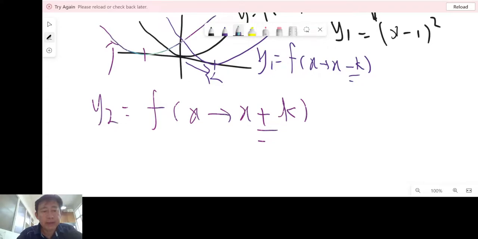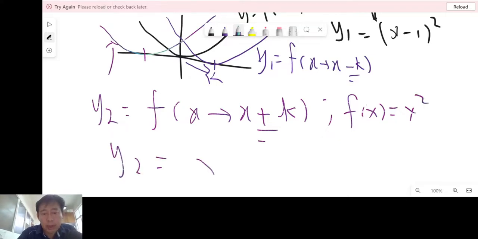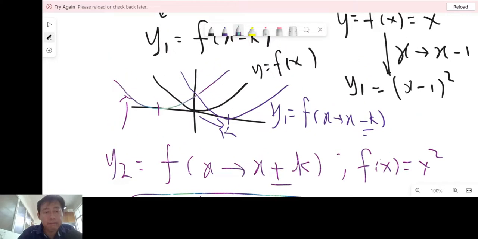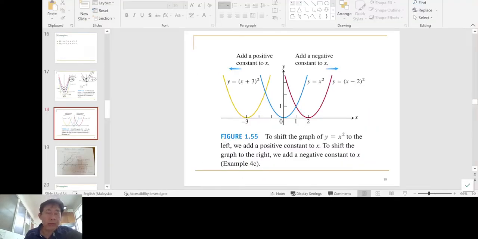In the previous example, if f of x is just x squared, then y2 is equal to x plus 2 squared. So this is a function that is shifted to the left by 2 units. That's how you can obtain the function of a shifted function.